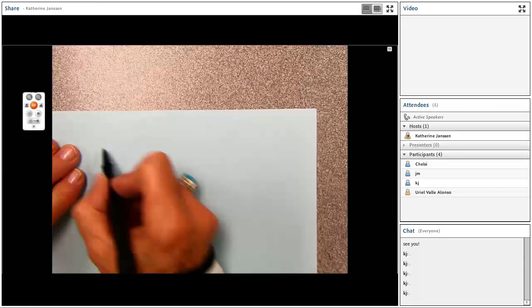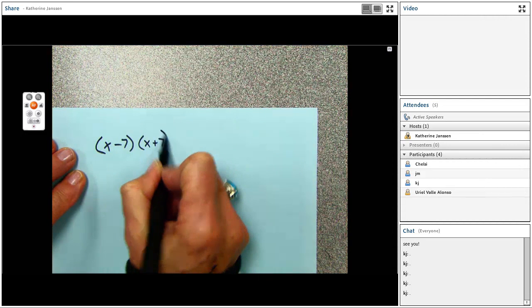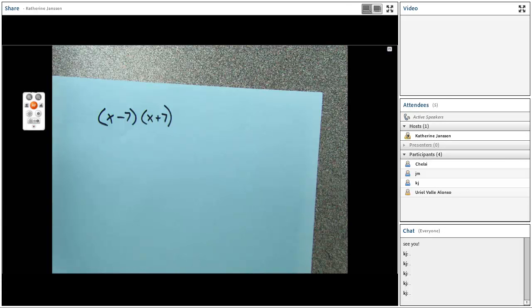So let's look at an example. Okay, I have x minus 7, the quantity, times x plus 7. And I know now that that's a binomial times a binomial. And I am learning that there are special product rules for binomials.